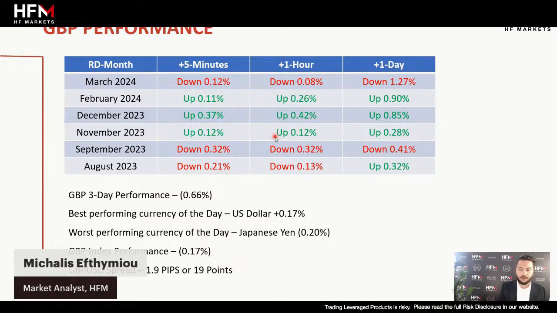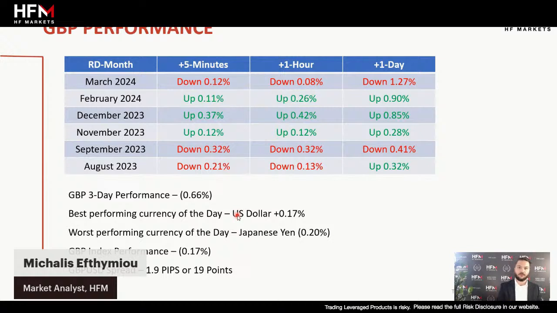The only other thing I want people to note is that over the past 72 hours, the pound has declined. So over the past 3 days, the pound has declined by 0.66%. The best performing currency of the day is the US dollar.